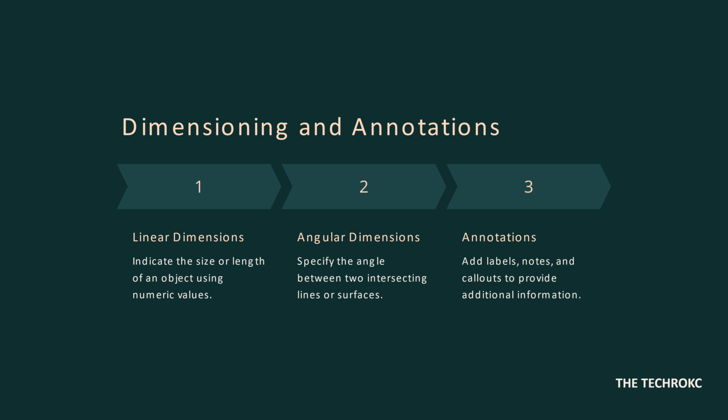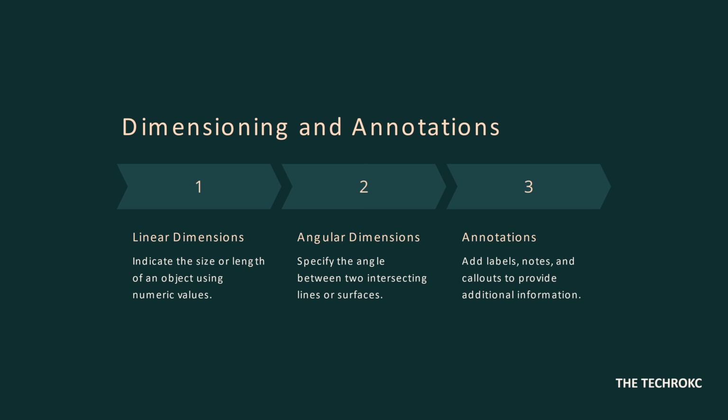When they intersect, we get what is called an angle. The measurement of that space between those two intersecting lines or surfaces is what we call angular dimension. An example is 20 degrees, 30 degrees, 50 degrees, and so on.